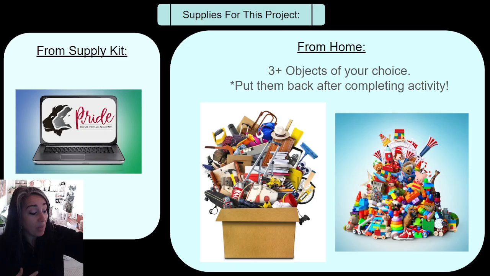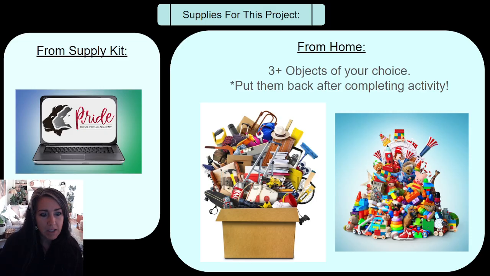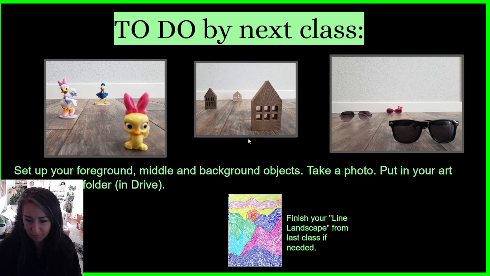Things that are around the same size would probably work better for this. So if you got 3 stuffies, perfect. Or some Matchbox cars, or a salt shaker, a pepper shaker, and a jar filled with garlic. Things like that, right? Things that are in the same realm.